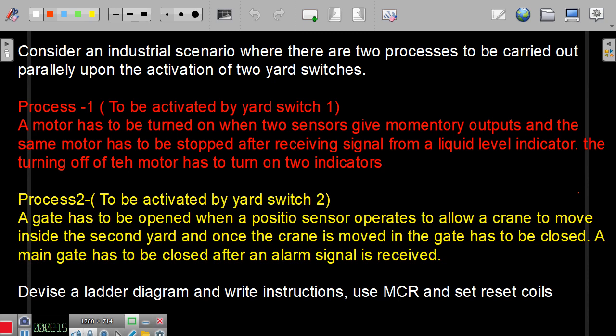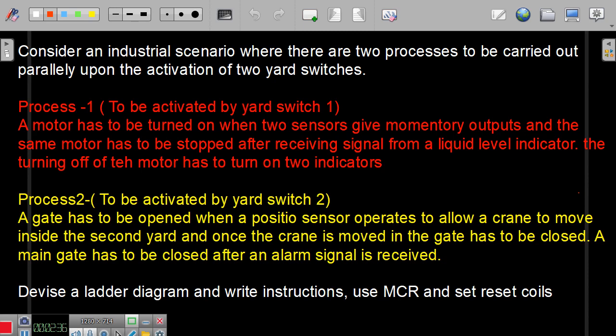But despite the output going off, your motor should continue to run, and the motor should be turned off only when it receives one more signal from the liquid level indicator. I will depict these things after having read the problem statement.